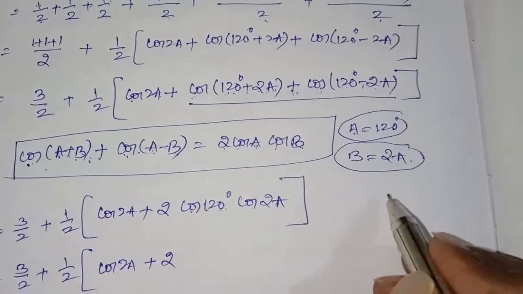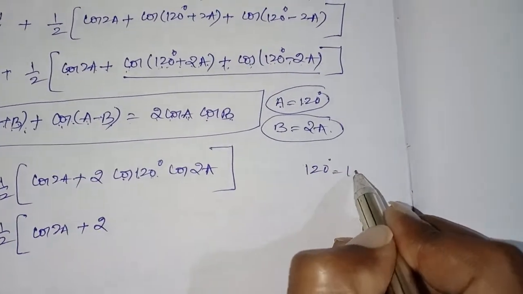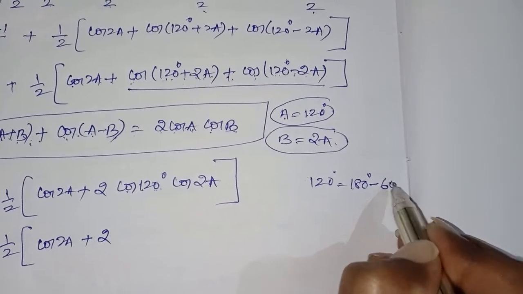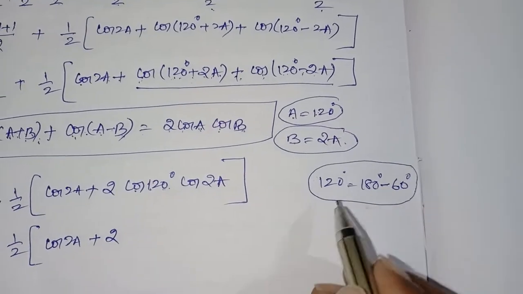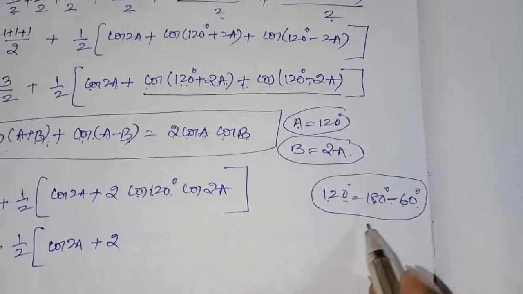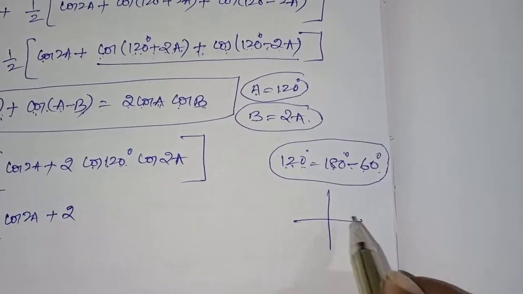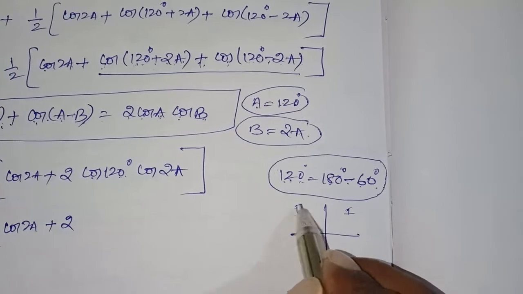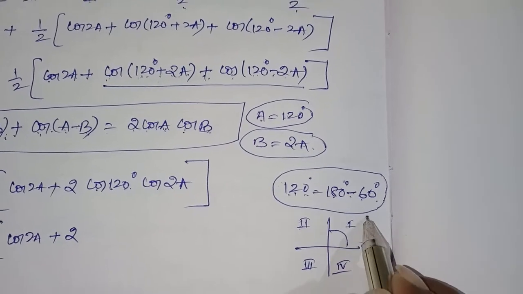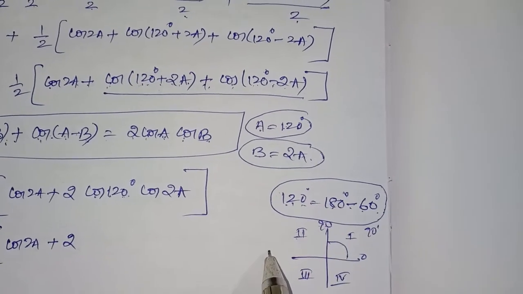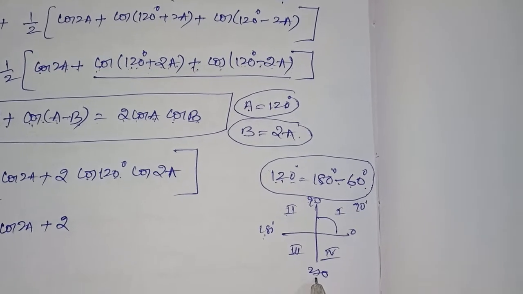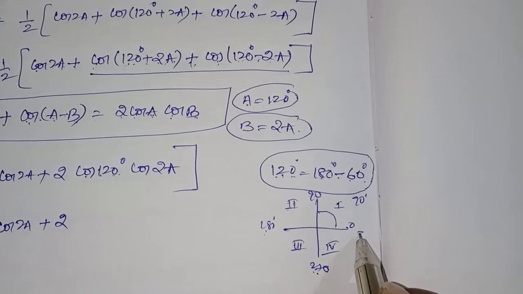See, 120, we can write this 120 as 180 degrees minus 60 degrees. Am I right? Why are we writing 120 as 180 minus 60? Because 120 is in the second quadrant. First quadrant, second quadrant, third quadrant, fourth quadrant: here 0 to 90 degrees, here 90 to 180 degrees, in the third quadrant 180 to 270, in the fourth quadrant 270 to 360 degrees.